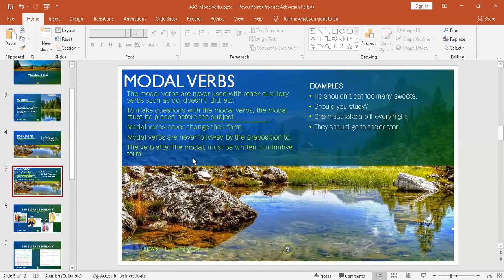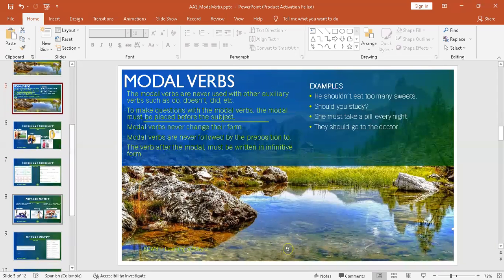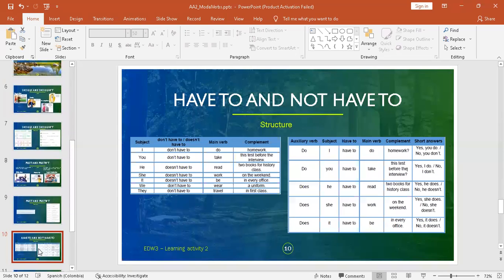porque no sigue las reglas de los modales, sino que sigue la regla del presente simple, es un verbo como cualquier otro. No se le trata como modal, por eso es semimodal. Es un verbo común y corriente que yo debo conjugar y al conjugarlo yo tengo que utilizar el auxiliar do o el auxiliar does, ya sea para negar o ya sea para preguntar.